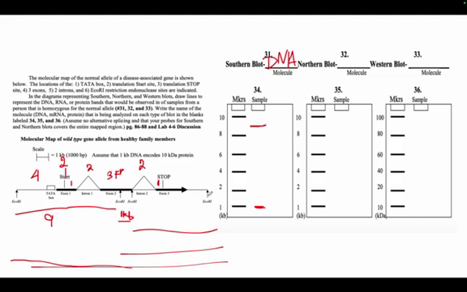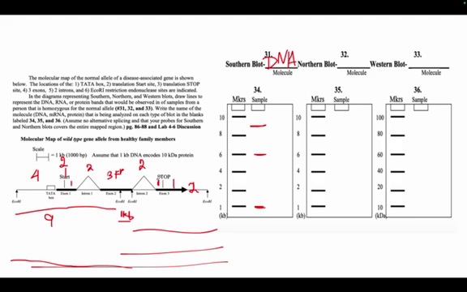This EcoR1 to this EcoR1, just eyeballing the size, it'll be 2 plus 1 plus 1 plus 2, 6. So these are the bands you would get from these sequential DNA fragments within this gene.